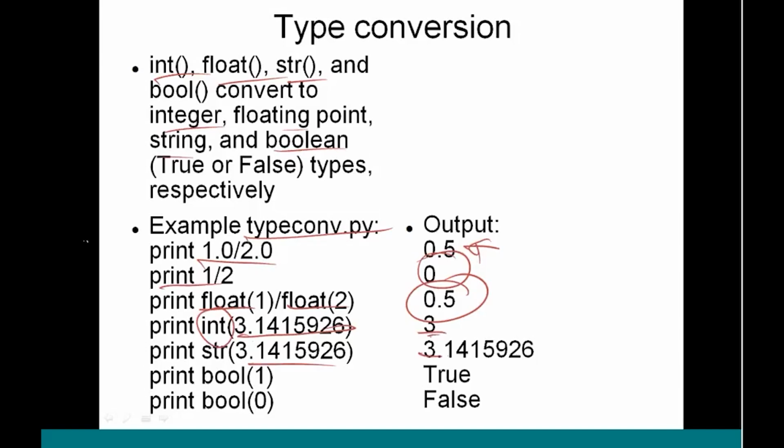And if you do a string, the result is exactly the same, because in a string they don't have any meaning, it just reports a string. Now the bool function of 1 is true, and the bool function of 0 is false.